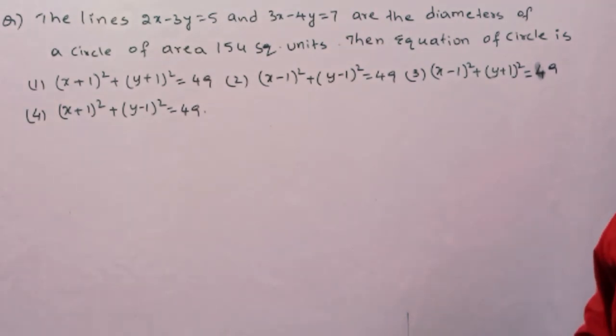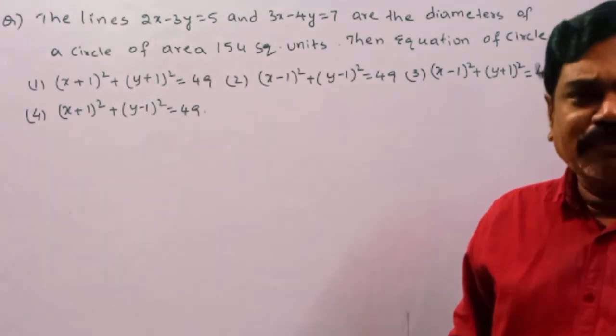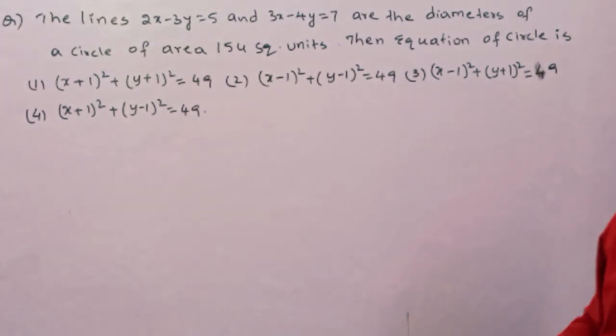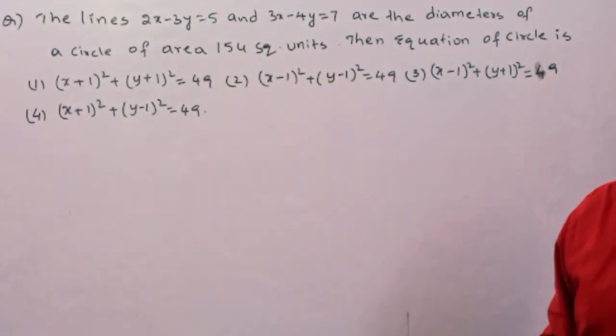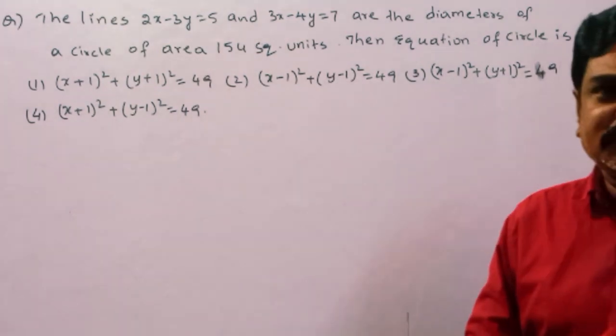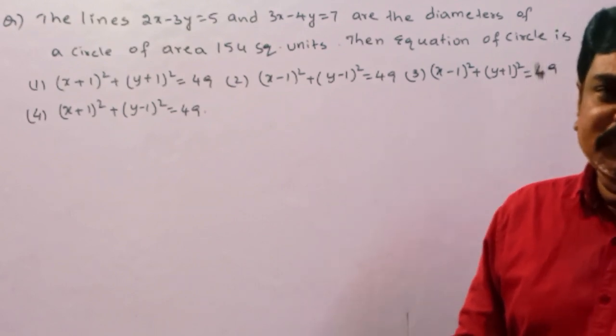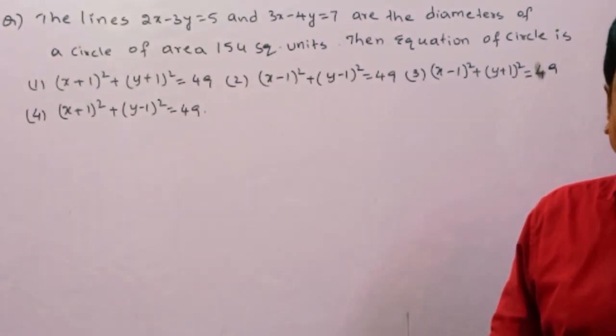Here we have two diameter lines given, with their line equations, and the area of the circle is given. So from these two line equations you can solve for the center of the circle, since the two diameters intersect at the center.